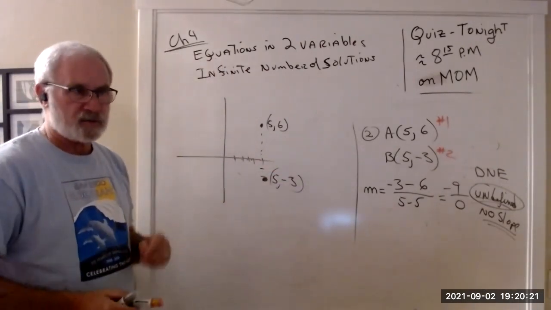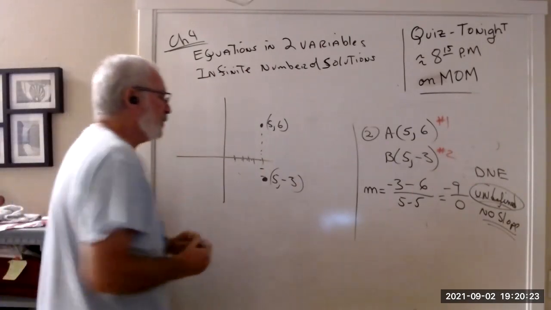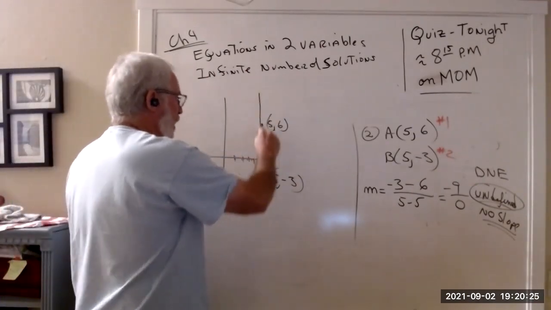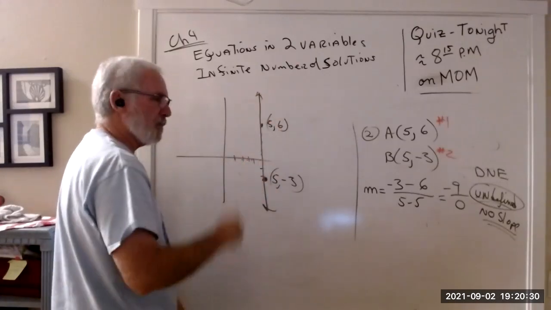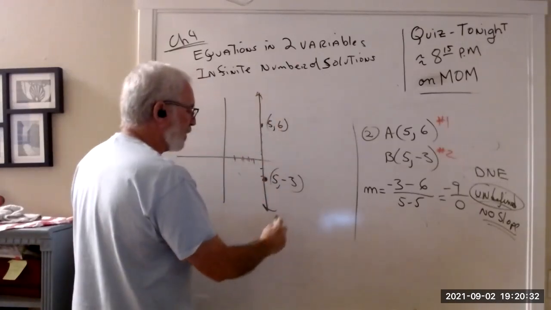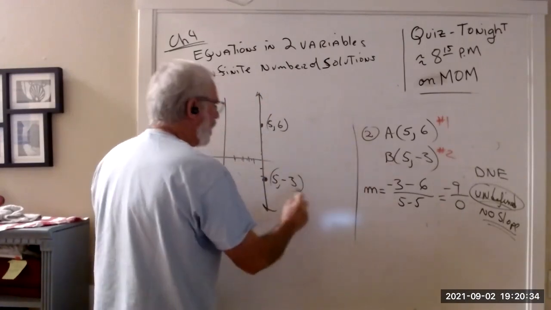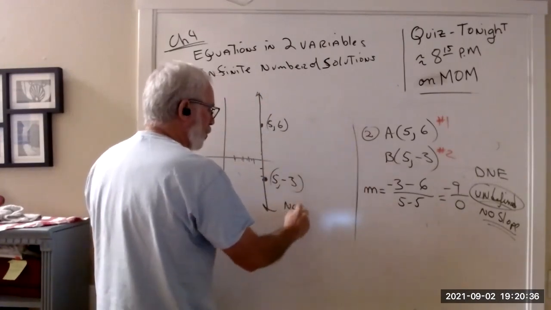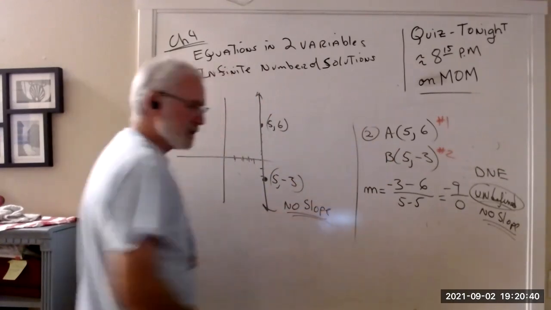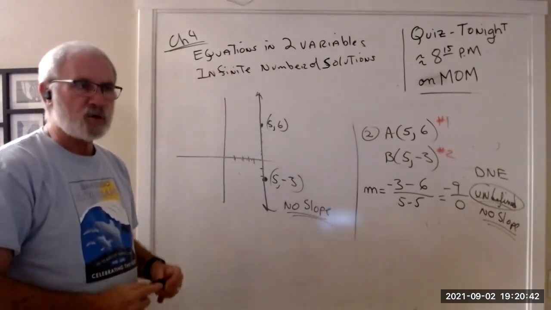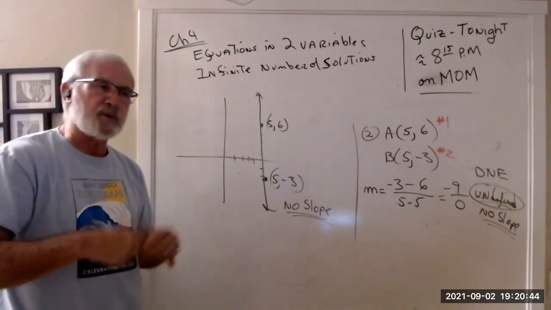This is a vertical line. We just figured out over here that it has no slope. That's the mathematics. It has no slope, or the slope is undefined.